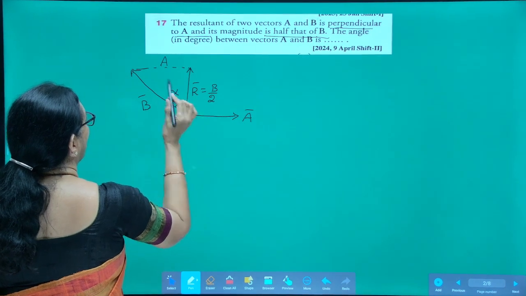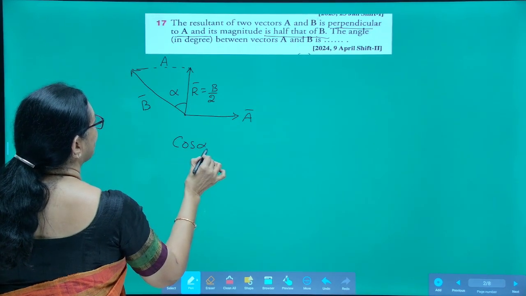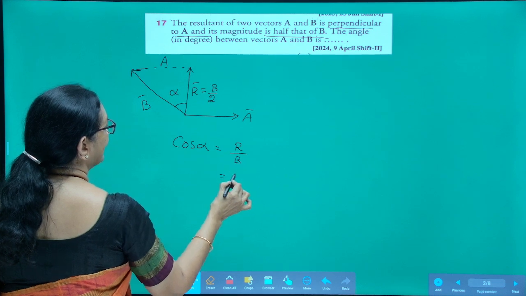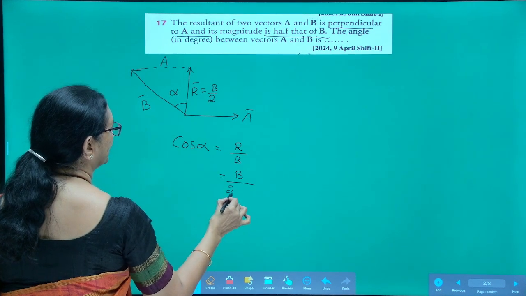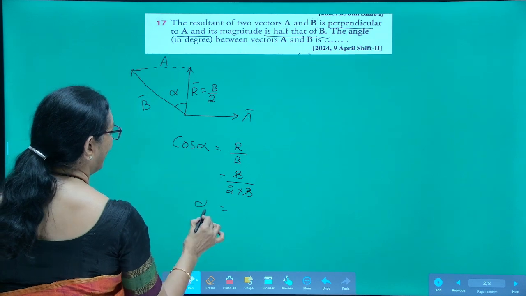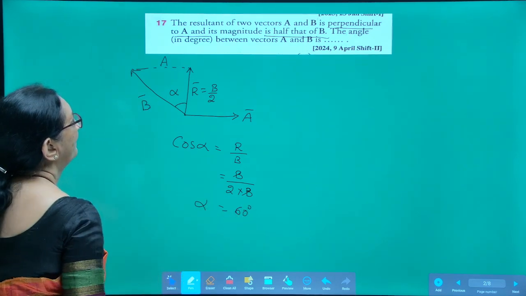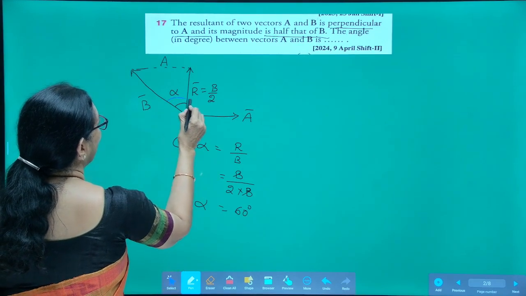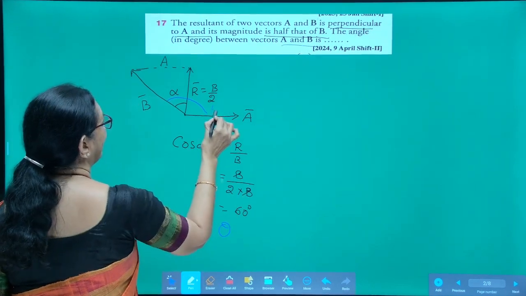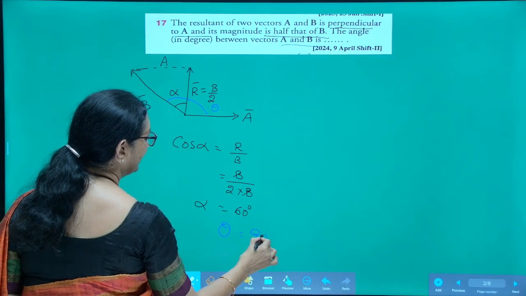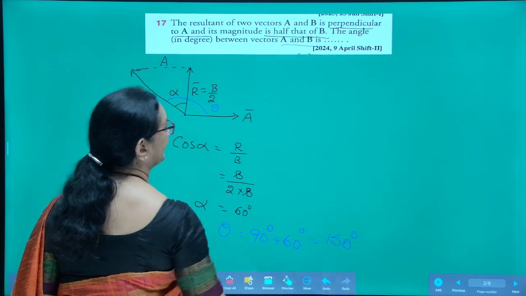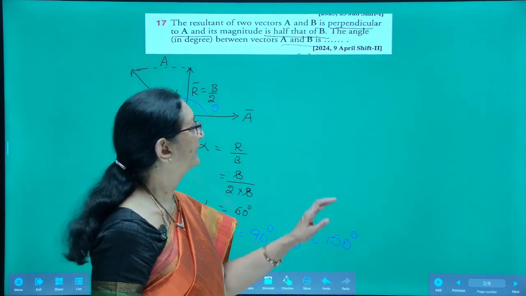If this angle is alpha, cos alpha is equal to the adjacent side, that is R by B. As R is half the magnitude of B, cos alpha is half, alpha is equal to 60 degrees. But you are supposed to find the angle between A bar and B bar, which is 90 plus 60, that is 150 degrees. That is the answer. Okay, 2024.